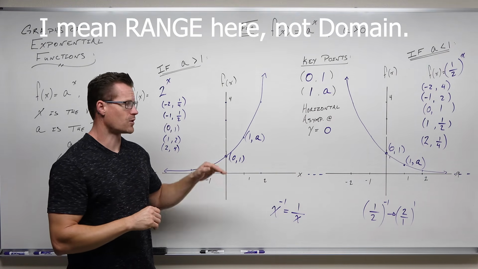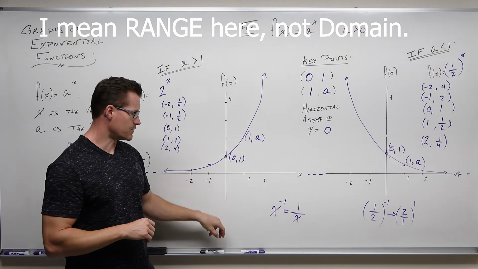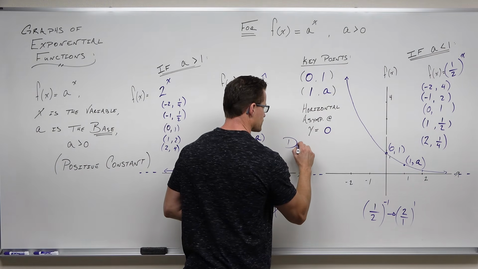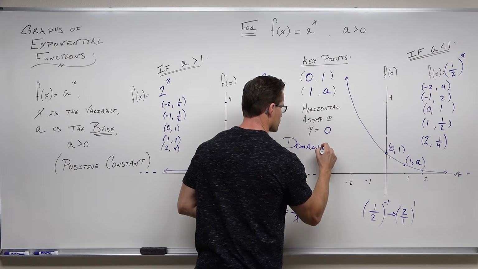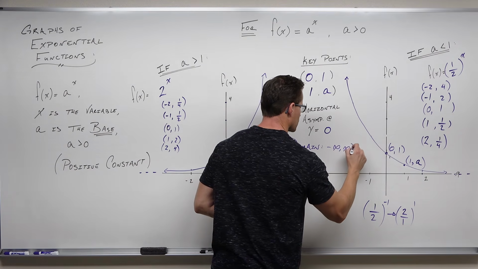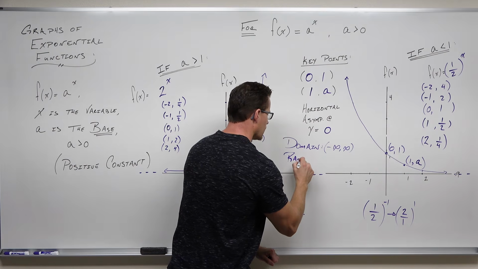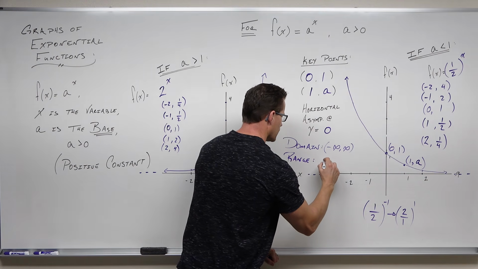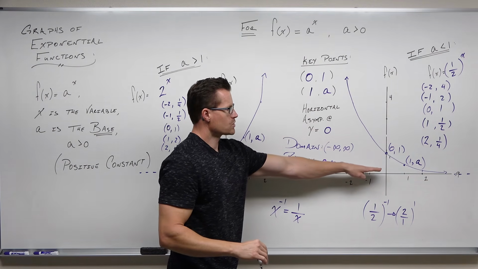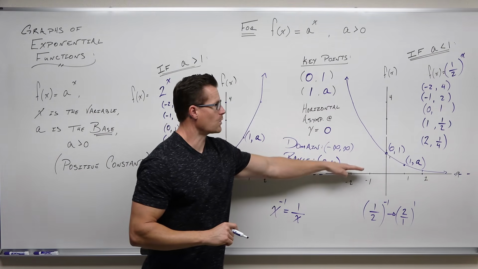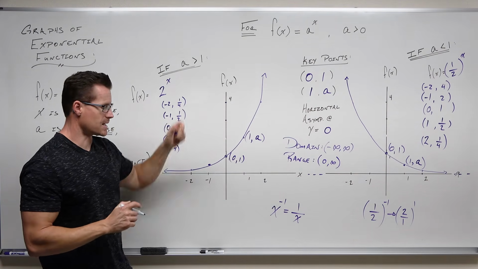So your range is from 0 to positive infinity, but not including the 0. Your domain is negative infinity to positive infinity, which is another way to say all real numbers. Range, we get out things very close to 0, which is why we don't use a bracket, all the way to positive infinity in both of these cases.